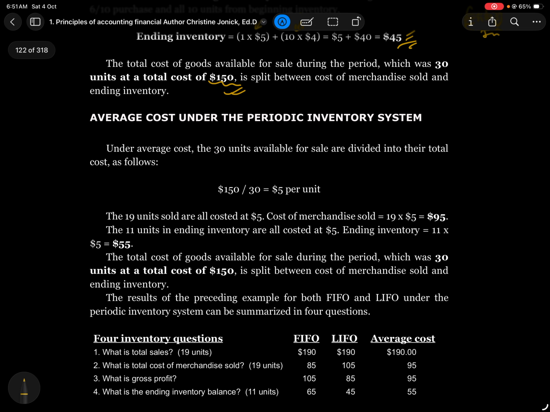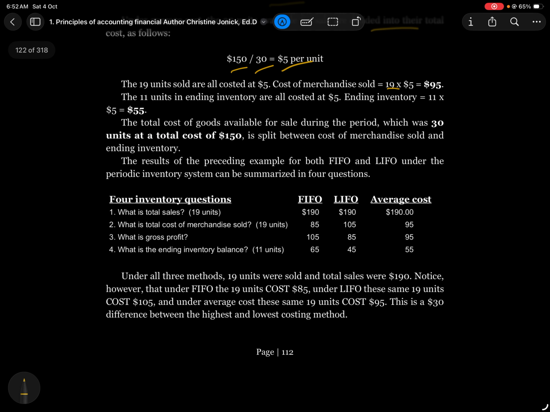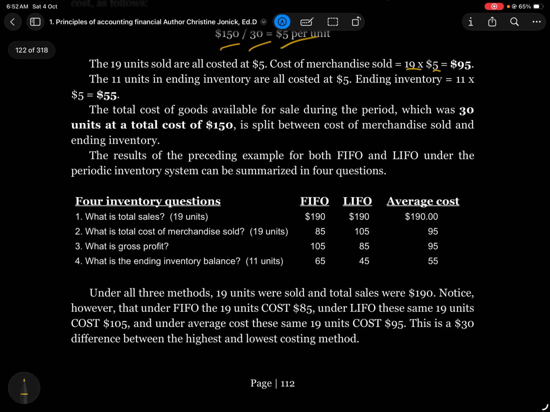Similarly, in average cost, what would happen? We would simply divide, right? 150 divided by 30, $5 is the unit. The number of units sold is 19 into 5, which is 95, and remaining is 11 units into 5. That's our ending inventory.